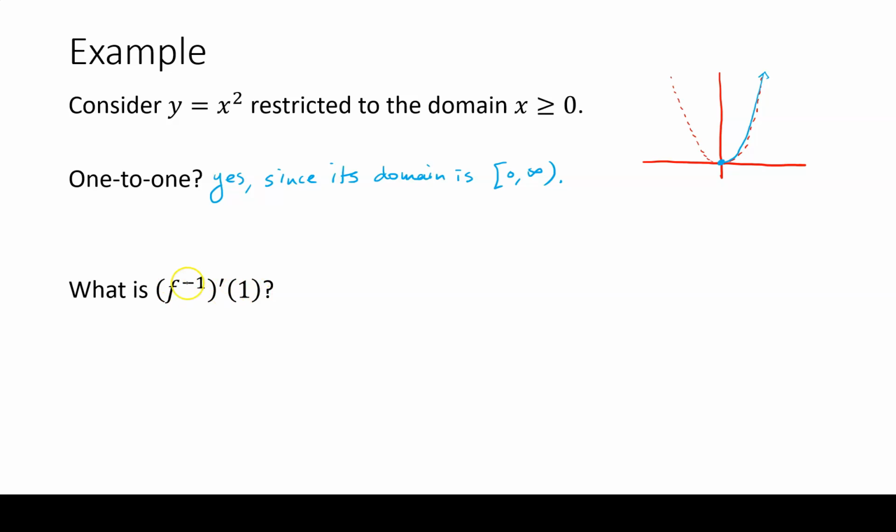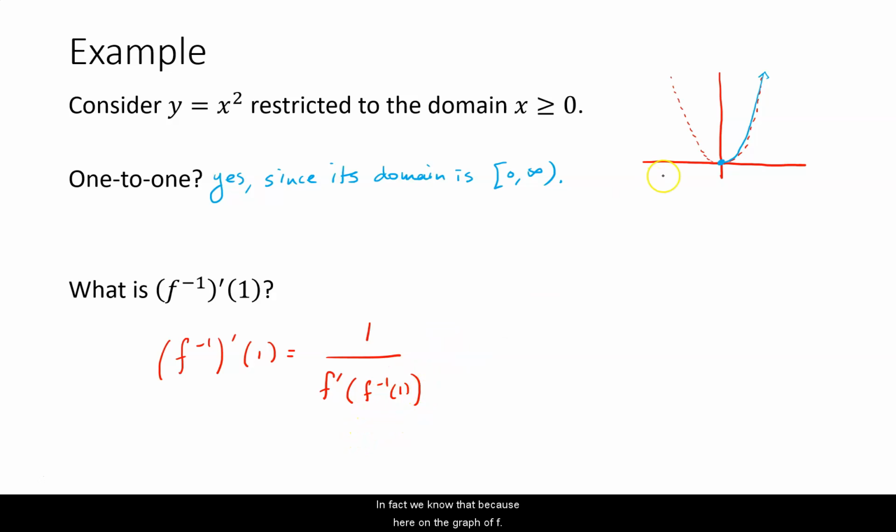So what would f inverse prime of 1 equal here? Notice here I'm not going to bother finding the inverse function because our formula only depends on f prime of the original function. Okay? And in fact, we know that the graph of f contains the point (1, 1).